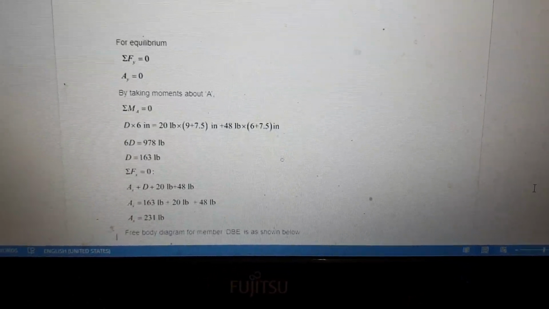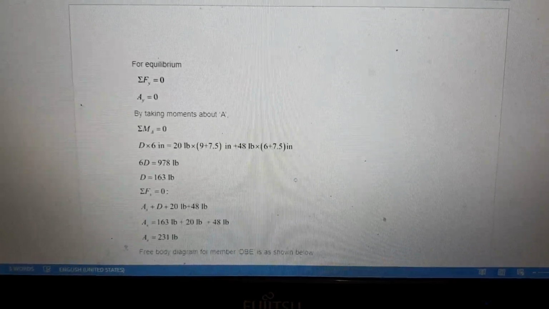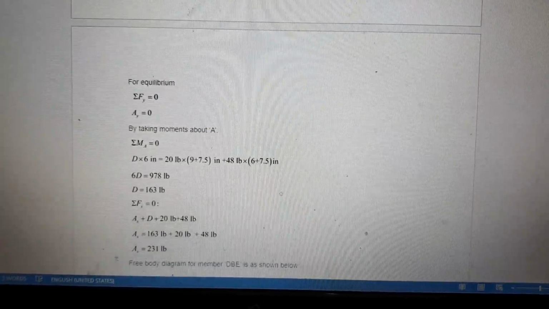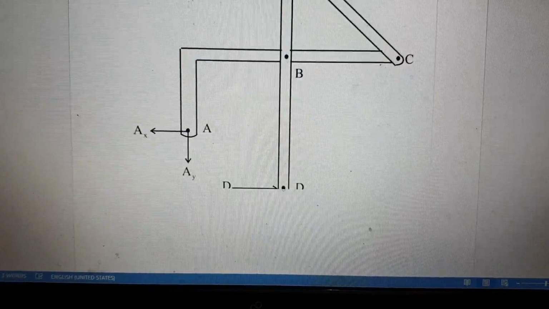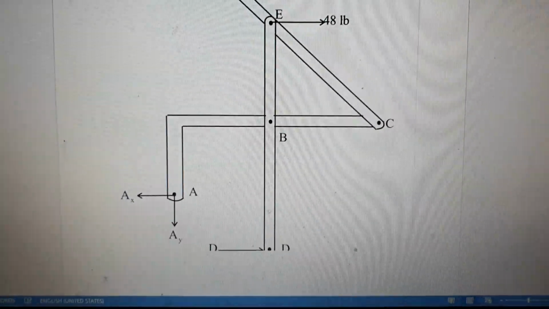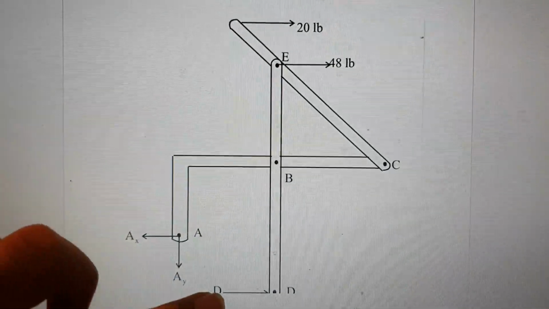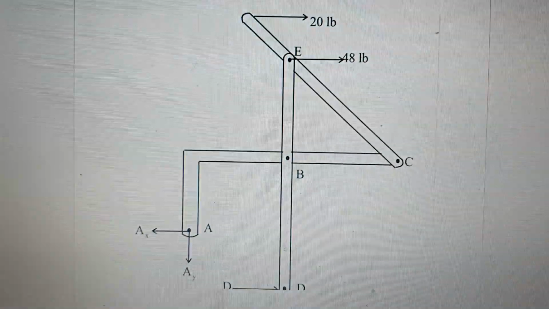We found AX, we found AY, and we found DX. Okay? So let's take the member DBE, because we have DX, and now we have the force here.